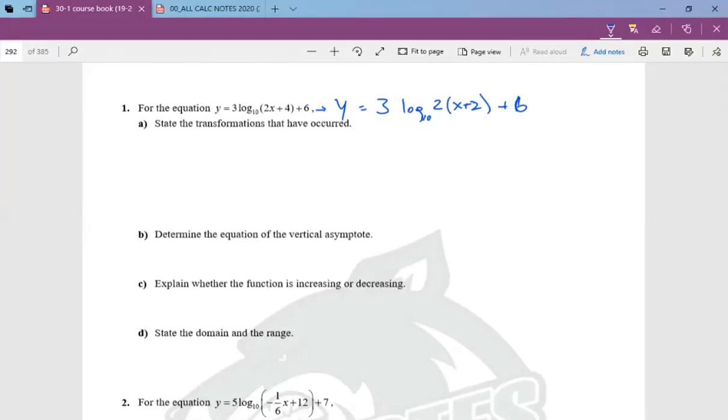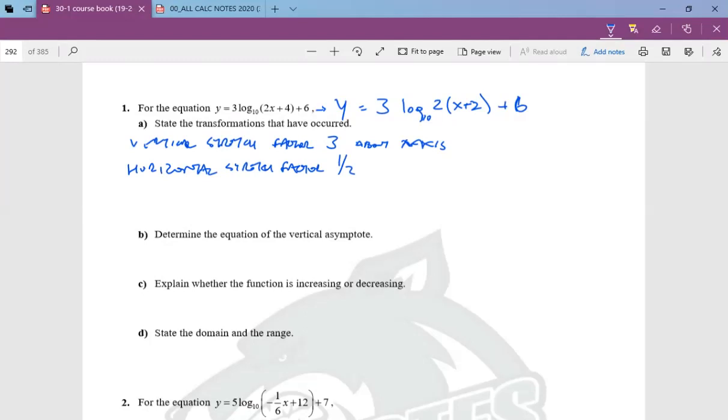And then we've had a vertical stretch, factor is 3 about the x-axis. Horizontal stretch, stretch factor is, of course, 1 over 2, because b is 2, stretching it about the y-axis.